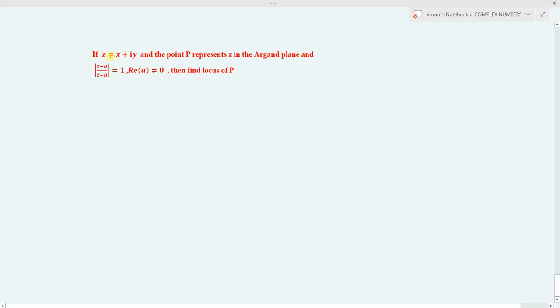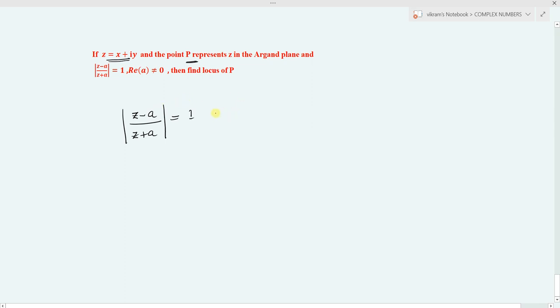What is given? z equals x plus iy. z represents a point P in the Argand plane, and he has given the condition modulus of (z minus a) by (z plus a) equals 1, where a is not equal to 0, asking us to find the locus.